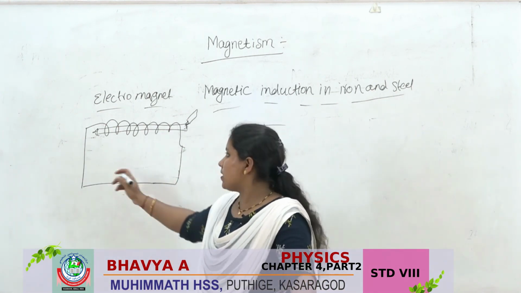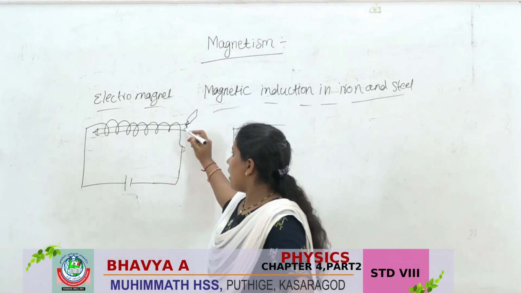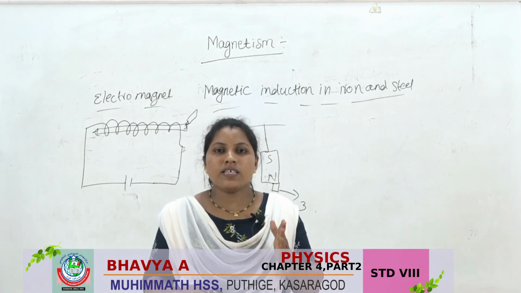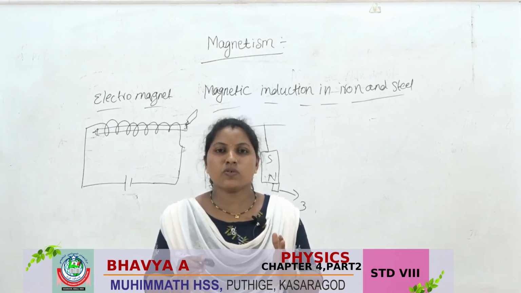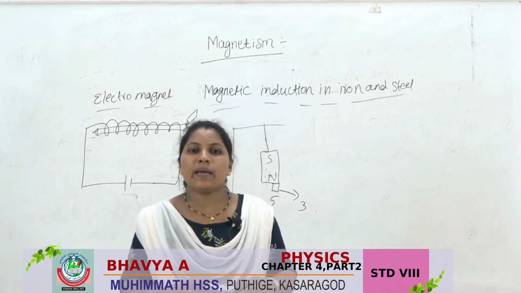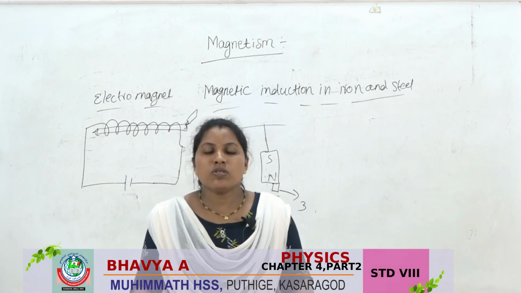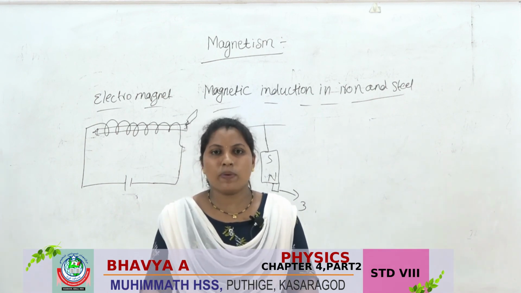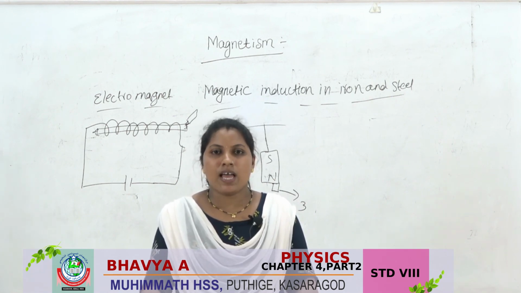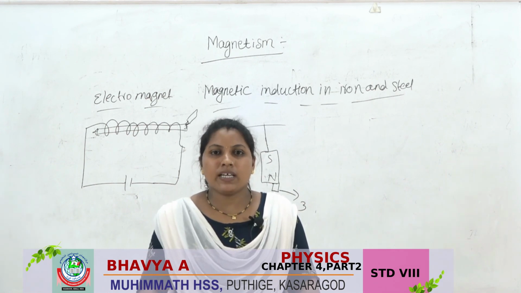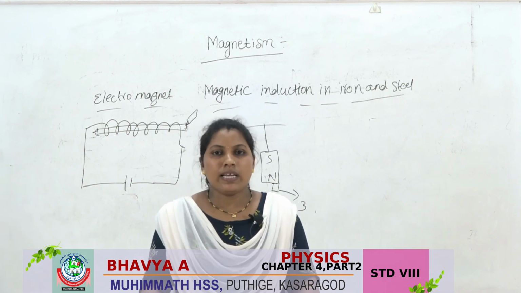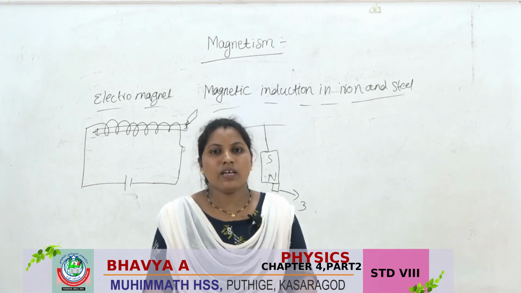When you pass electricity through it, the iron is converted into a magnet. So, steel is used to make permanent magnets, and iron is a temporary magnet. In today's class we discussed magnetic induction, electromagnets and magnetic field. We will continue in our next class. We have completed our 4th chapter.